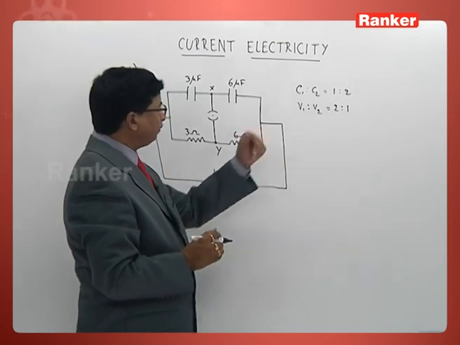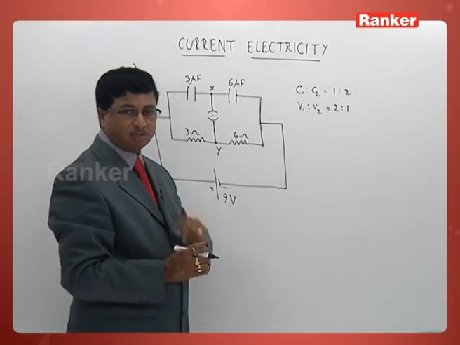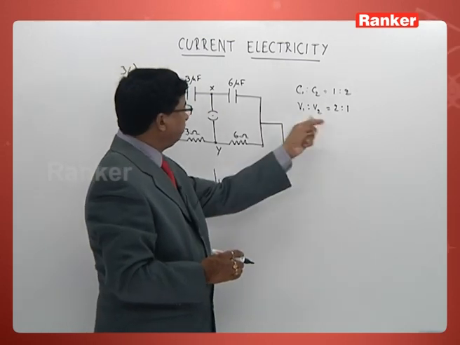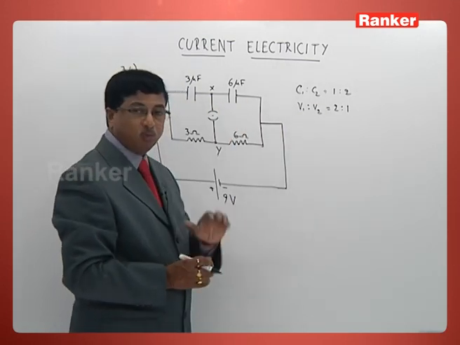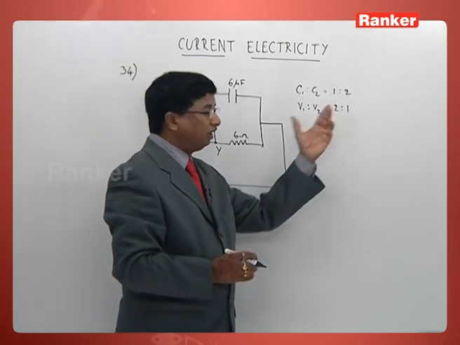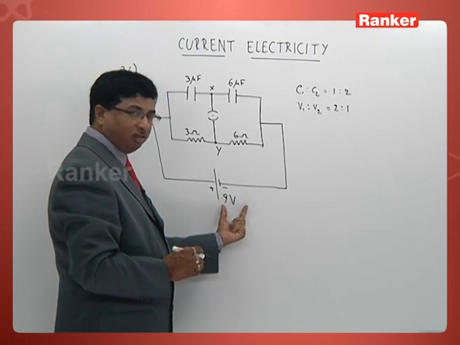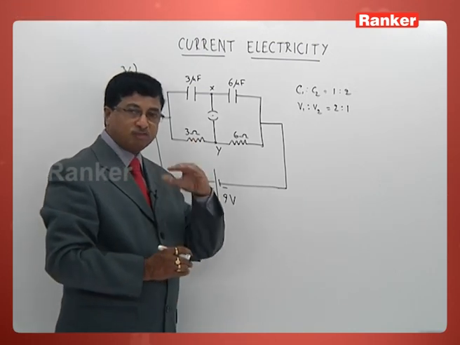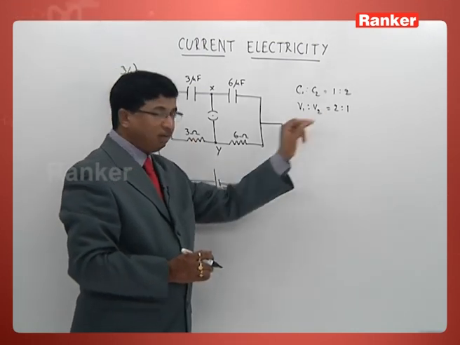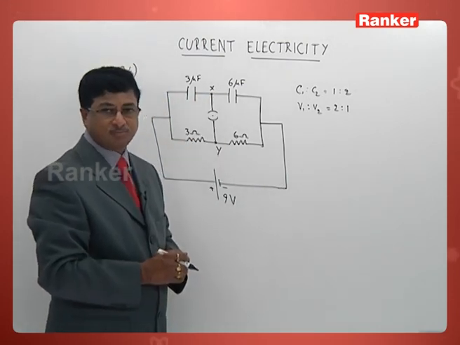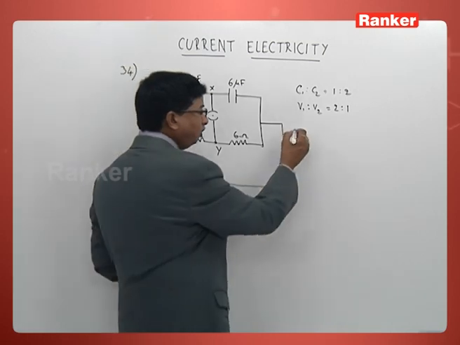You can now understand 2:1 means what? 2 parts for the first one and 1 part for the second. Overall, 3 parts I can count. This total voltage is distributed in this ratio across these two capacitors. So what can I write now?